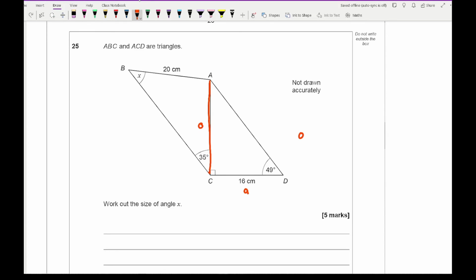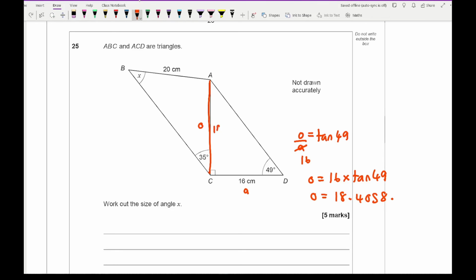So O over A equals tan of 49. Now A is 16, so O equals 16 times tan 49. If I substitute that into my calculator, I get roughly 18.4058.